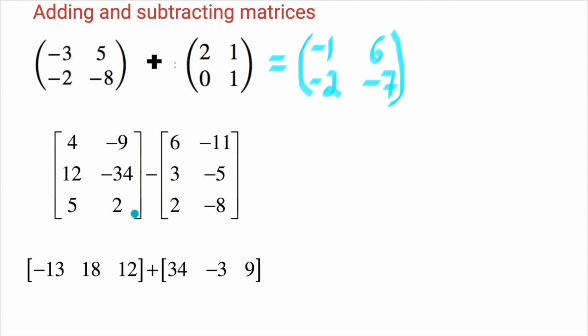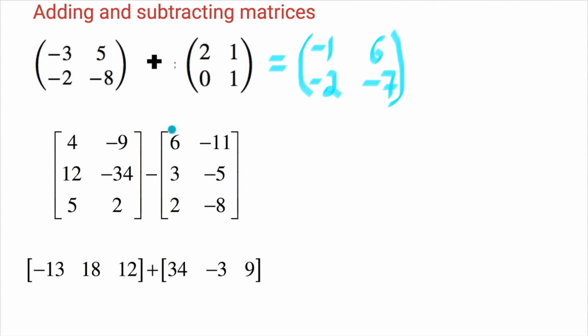In the next example, we see that the first matrix is a 3 by 2, and the second matrix is also a 3 by 2. We're going to be operating on the positions that correspond in each matrix. So the 4 is combined with the 6, -9 with -11, and so forth. Actually, we're subtracting.